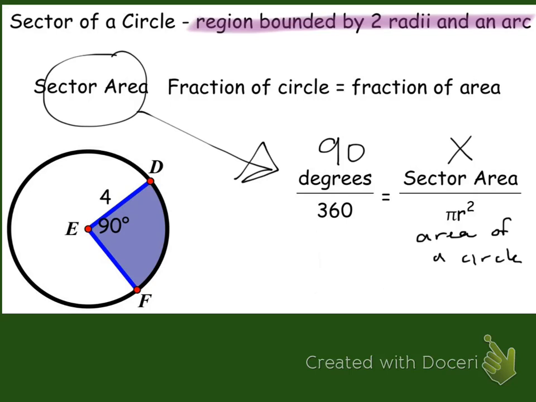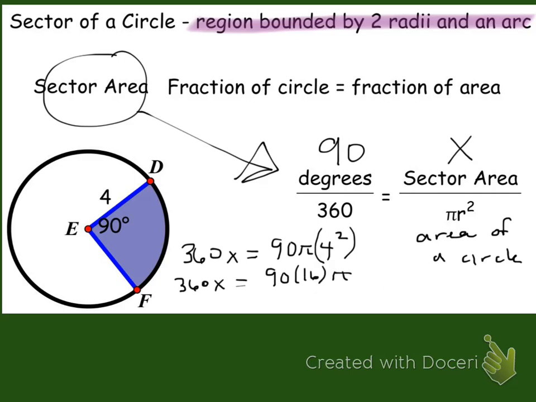Okay? So if we continue to work this problem out here, we could cross multiply and have 360x is equal to 90 times pi times our radius squared. And then we're going to have 360x, and I'm just going through every step so we don't miss anything, equals 90 times 16 times pi. Continue to work that out.